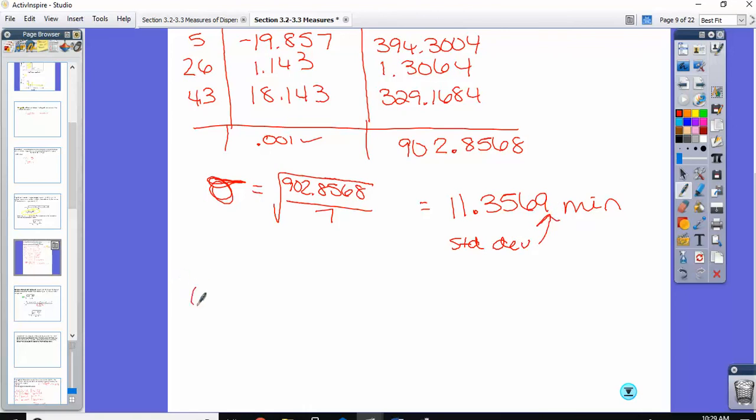If I want variance, that's sigma squared. So you just take that number and square it. That's variance.